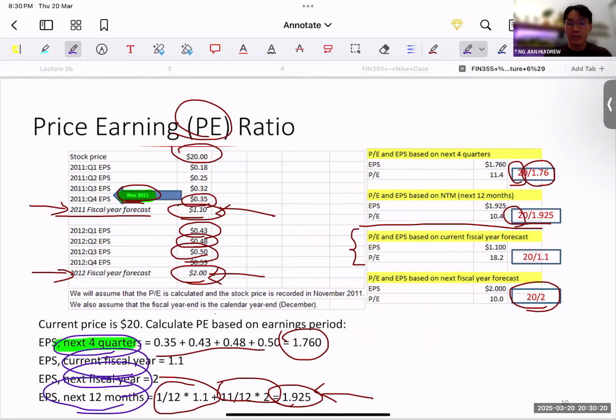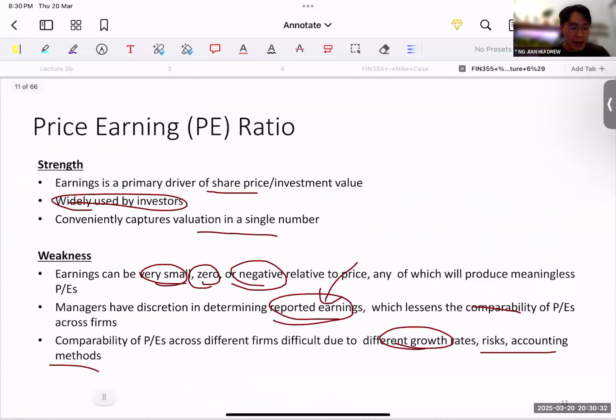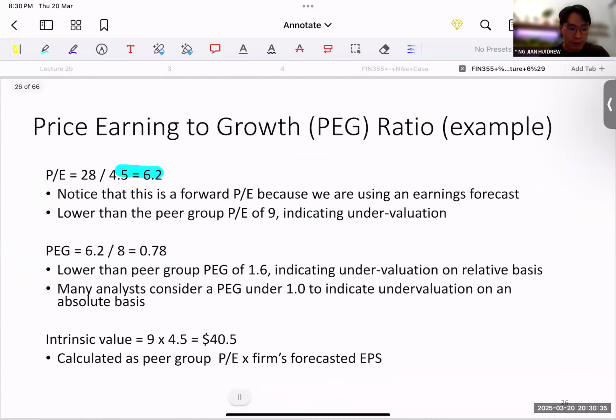So there are many ways to do PE. You have a good question. It can be plus 5 year, it can be plus 1 year. So please know what you're taking from Refinitiv or S&P Capital IQ and use the appropriate one. In this case, the question is a bit silent, so assuming plus 1, but it can be plus 5 as well.